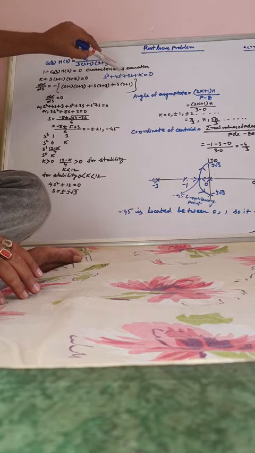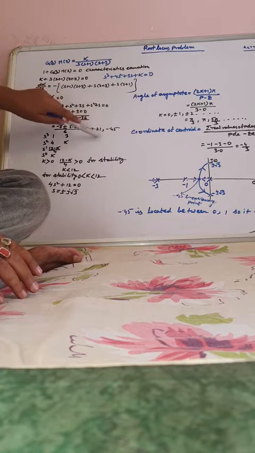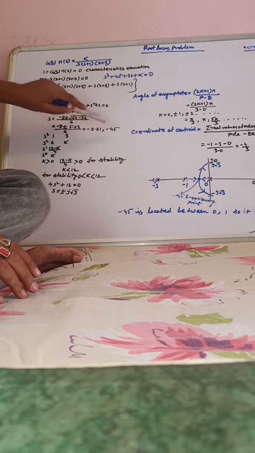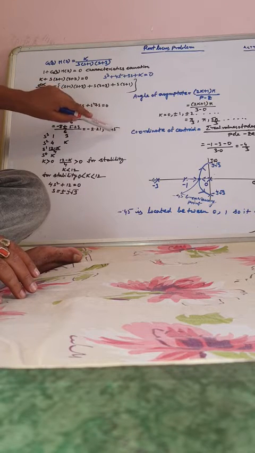Make a table using this characteristic equation. Later we will come and discuss which of these 2 points will be called the breakaway point.